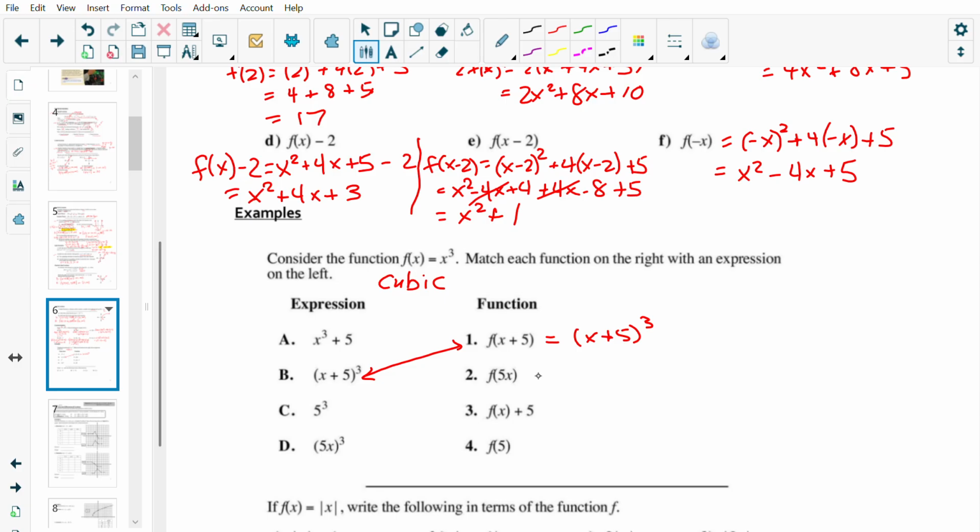So b with 1. Okay, f of 5x, so I'm going to put 5x wherever the x cubed is, so 5x cubed. And there it is, 2 is D.